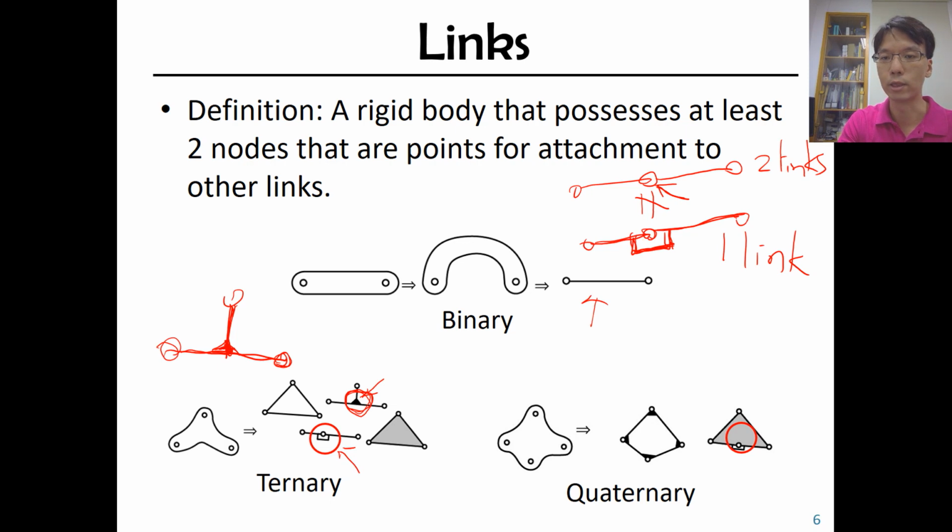That means it's welded. So the whole body belongs to the same link. And this one has 3 nodes. So you will see this type of schematic a lot in the future. Just remember these two represent 2 different types of links.